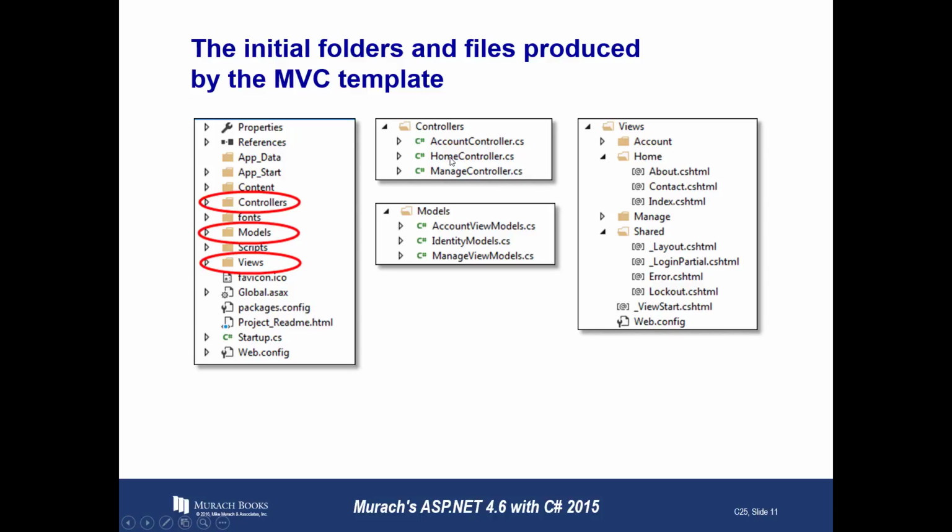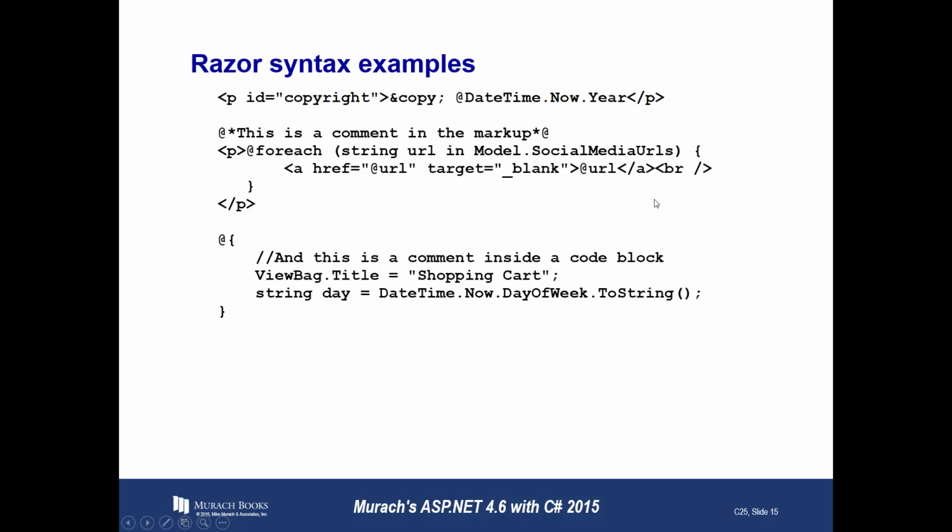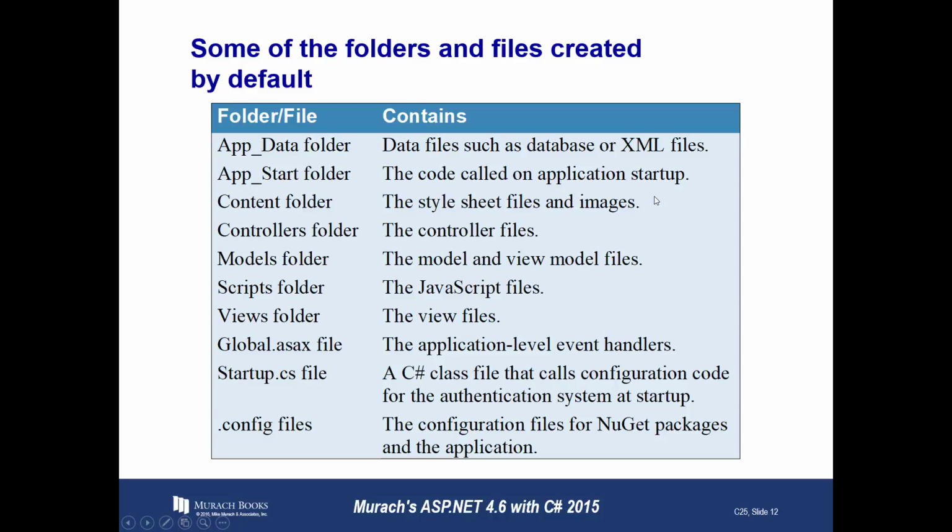If there's a home controller, well, there typically are going to be models for each of the controllers. And the views: we've got a home, and you'll notice there's an about, a contact, and an index. That stuff pretty much does coordinate with visually what you see in the app.